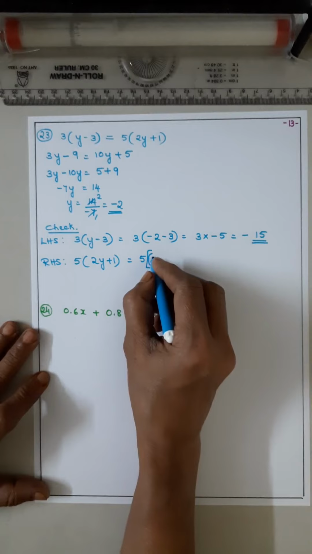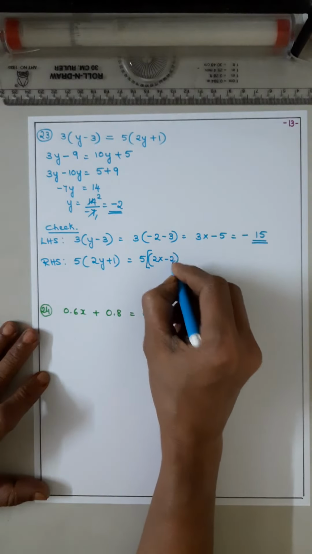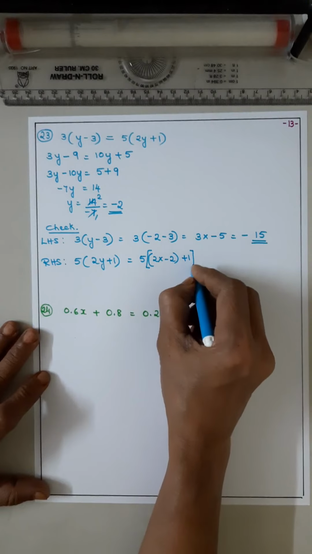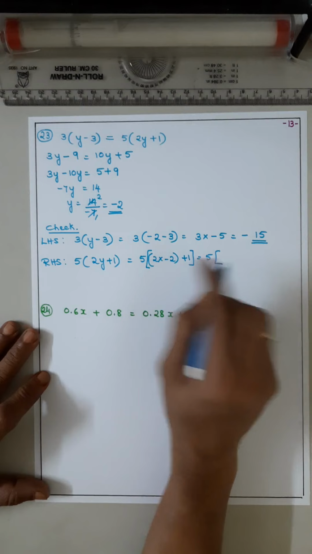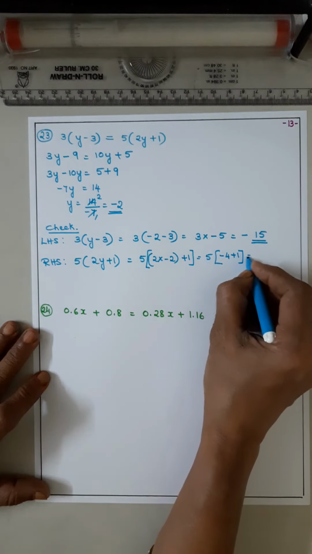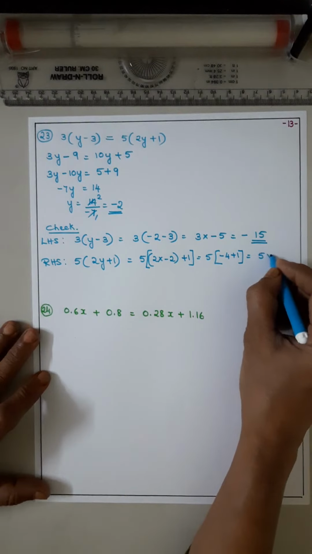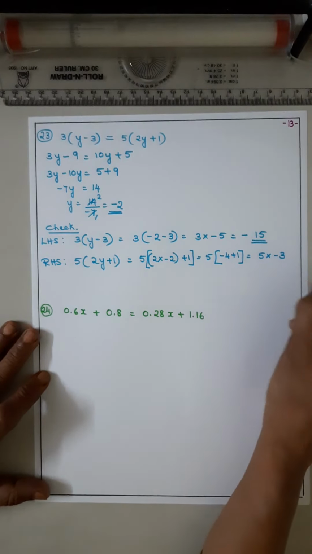So 2 into y is minus 2 plus 1. That is 5 bracket. This one will be minus 4 plus 1. Now 5 into minus 4 plus 1 will be minus 3.